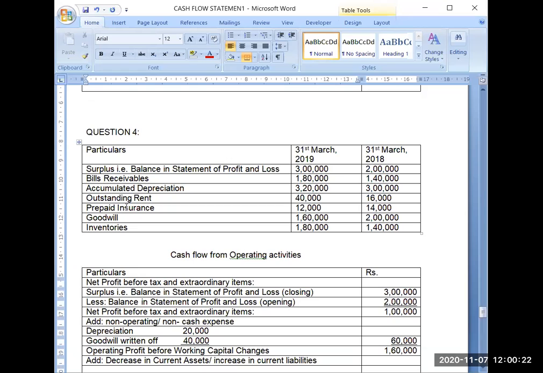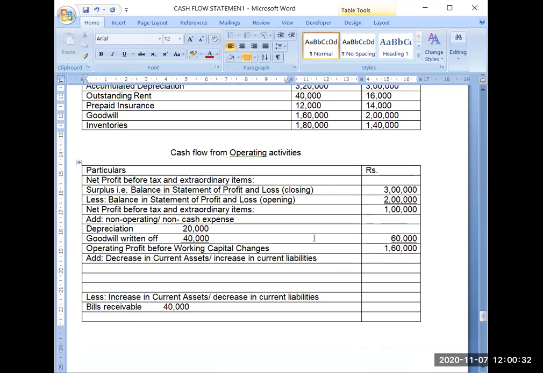Then outstanding rent, it is a current liability. It is increasing by how much amount? It is increasing by 24,000. So outstanding rent is a current liability. It is increasing, so it will be added here: outstanding rent 24,000. Then prepaid insurance is your current asset.